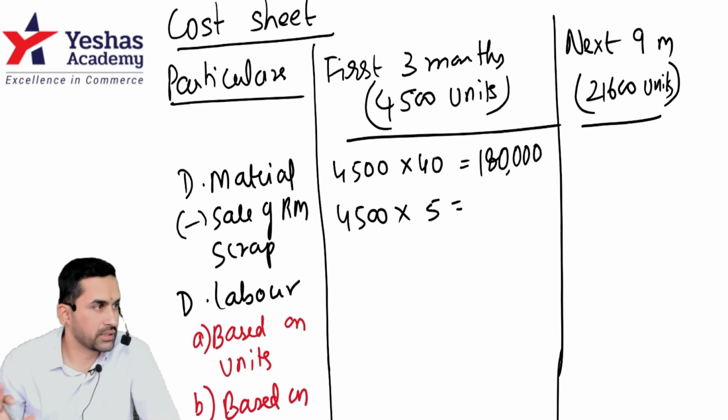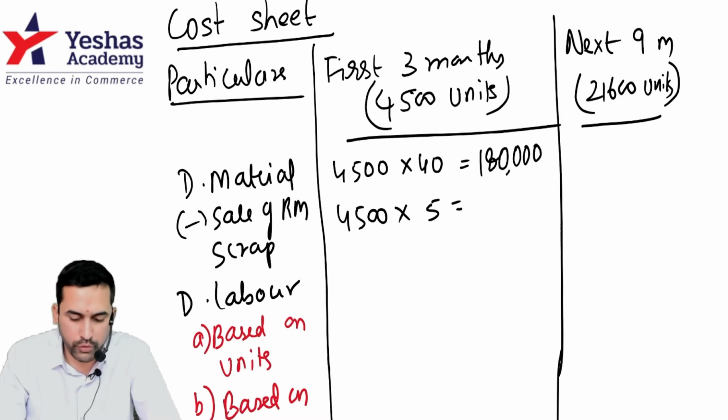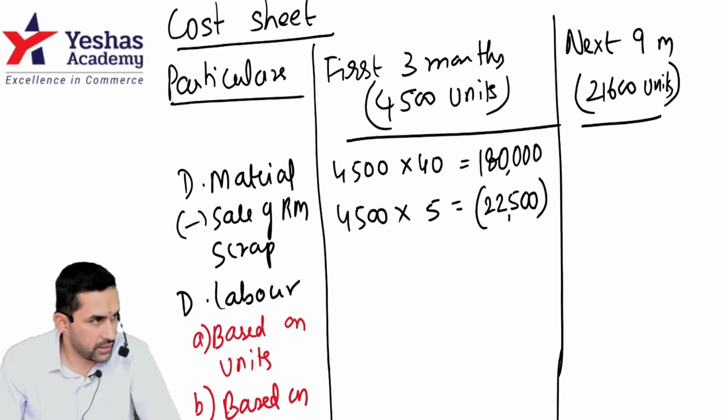Don't do the next 9 months data now. Understand this first. This will be 4500 into 5, 22,500. If someone has done it net, it will be 4,500 into 35. You will get the same number. Not to worry, that's not a wrong presentation. Be okay.